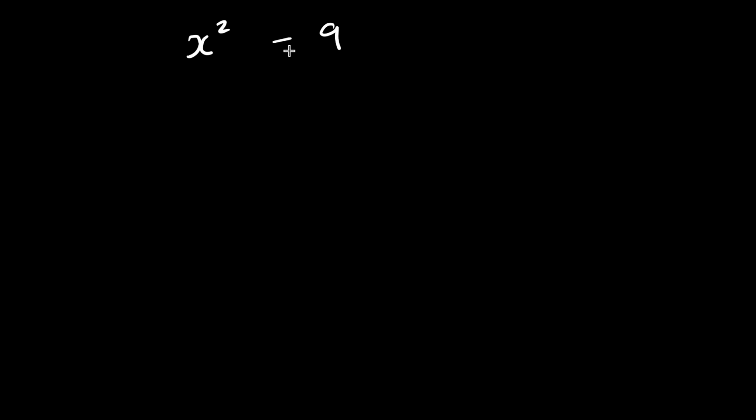But more specifically, those two terms are x all squared, and in this case, we could look at this 9 as 3 all squared. So once we can identify that we have two squares and there's a difference between them, a subtraction, then we quite literally have a difference between two squares.